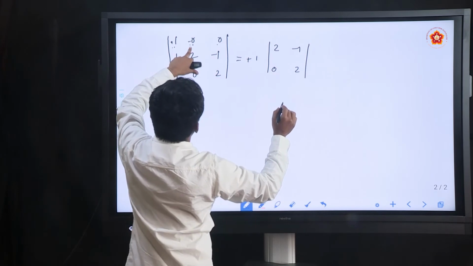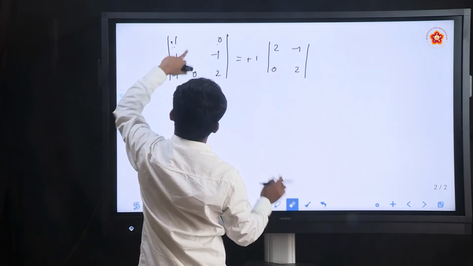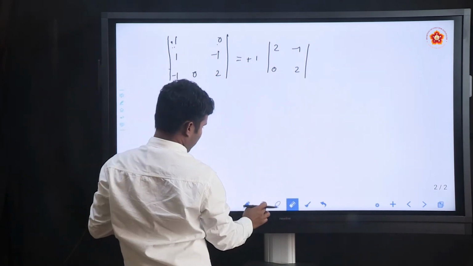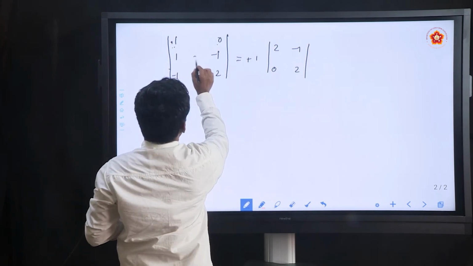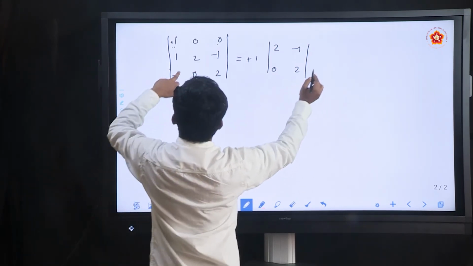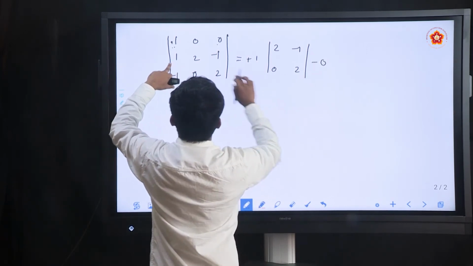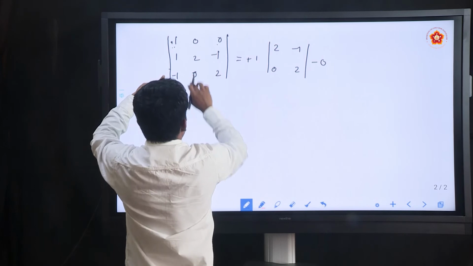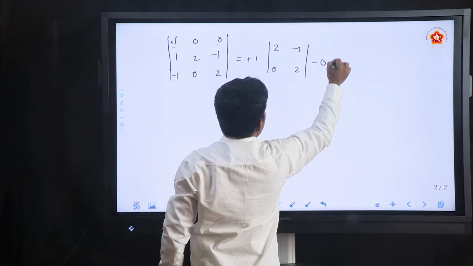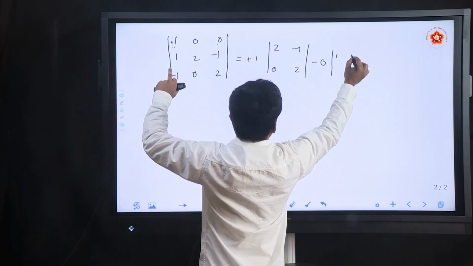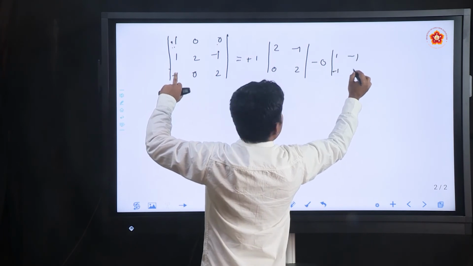The next element is 0. And the next thing will be minus 0 of what? You forget about the first row and second column and write the rest of the elements: 1, minus 1, minus 1, 2.